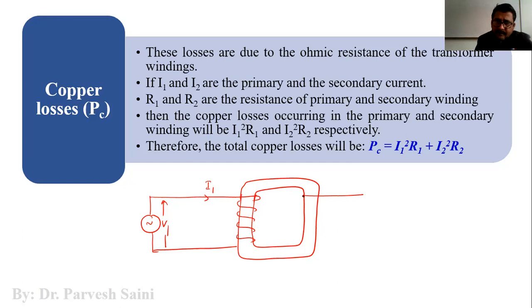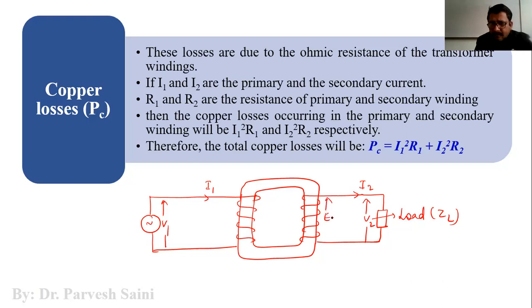The secondary has a load impedance connected. This is a variable load ZL, this is I2, terminal voltage V2, and induced EMF E2 here, with induced EMF E1 at the primary side, and the flux flowing in this particular direction.